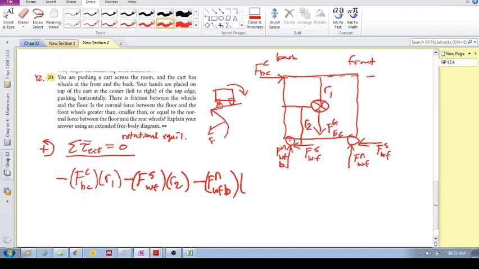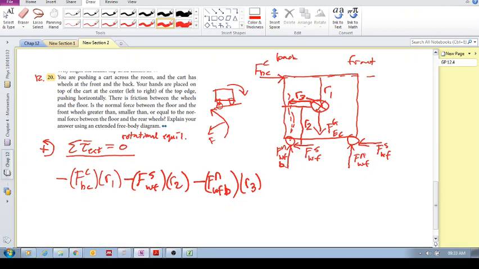There's its line of action, and that would be its lever arm. We can call that R3. So this normal force at the back is also causing a clockwise torque, and it is negative because it's clockwise, so it's that force multiplied by that lever arm.